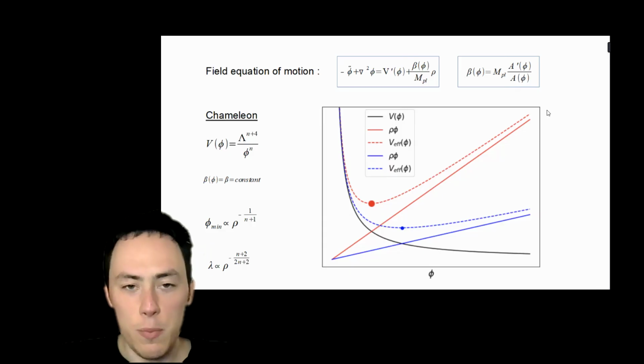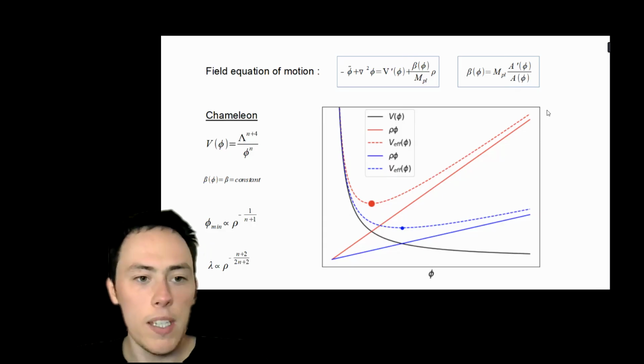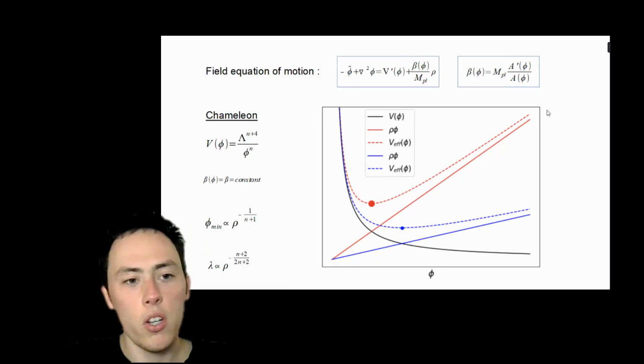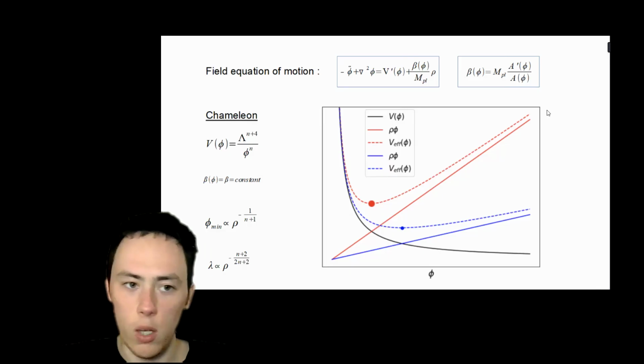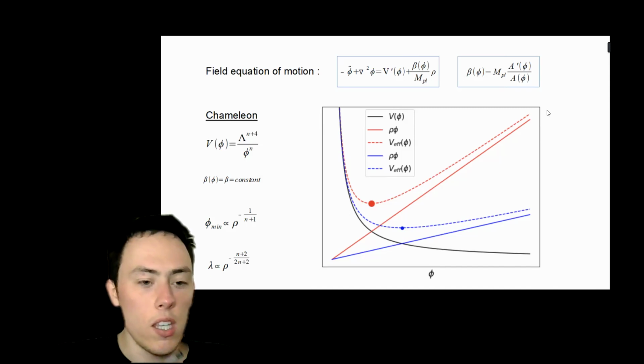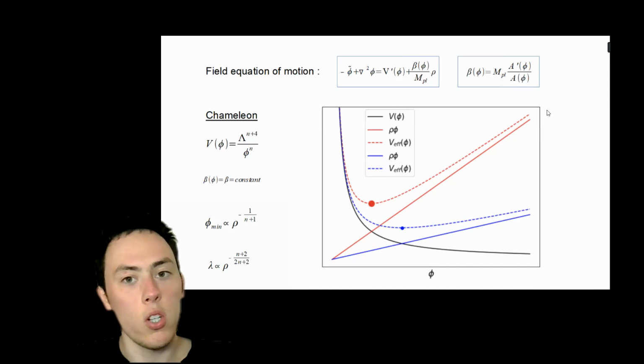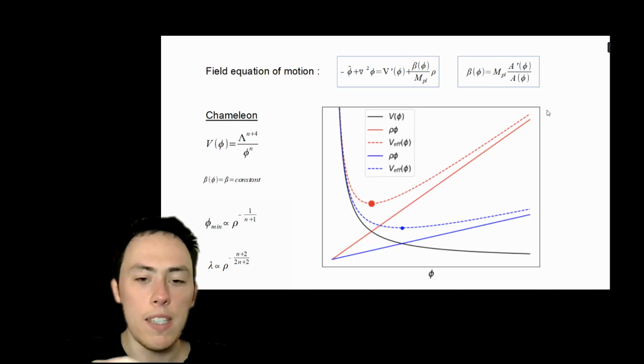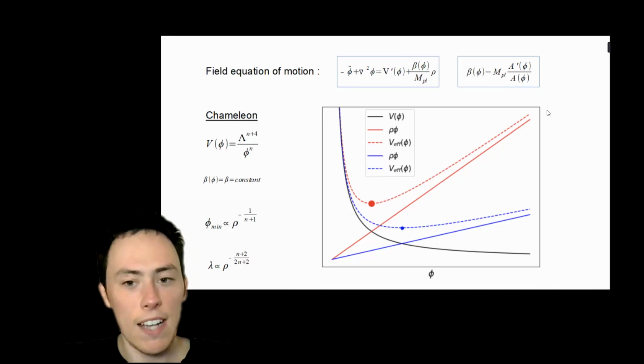So as a specific example, the chameleon, we have a monotonically decreasing potential, so something like 1 over phi to the n, where n is a positive integer. And the extra contribution, so this rho term, means that the effective potential, the dashed line, now has a minimum.